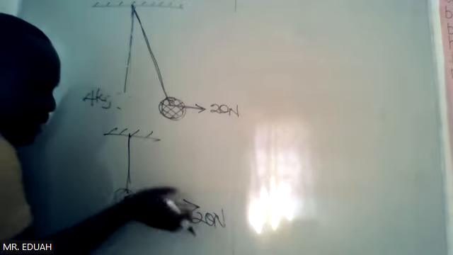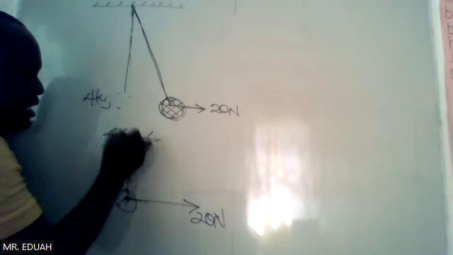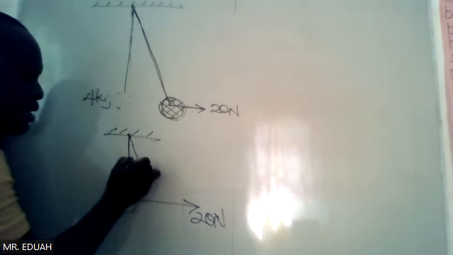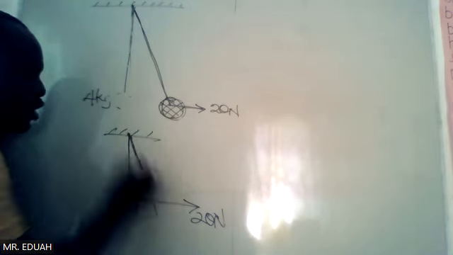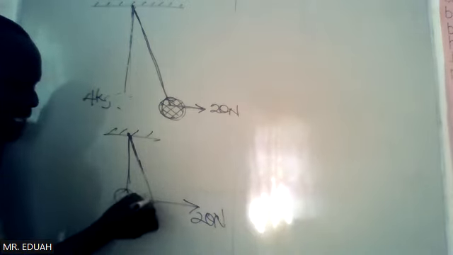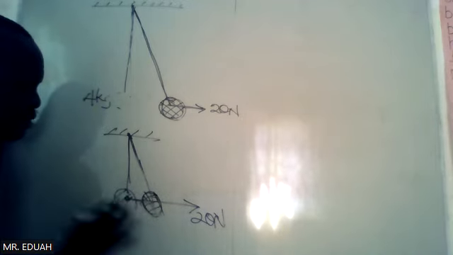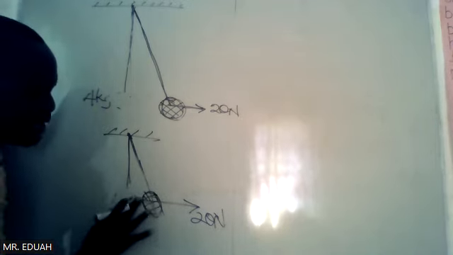Because of this pull, the string will tilt at an angle. It will no more be vertical, but inclined. And so the mass will now be here because it is being pulled. After it is pulled, this is how the drawing is.